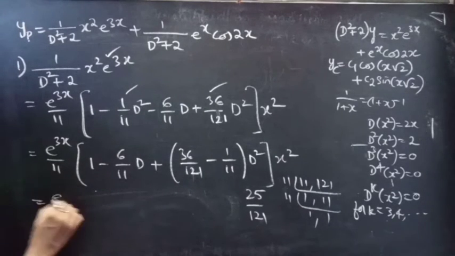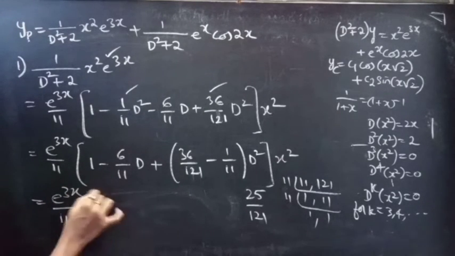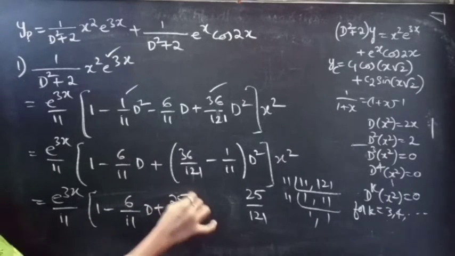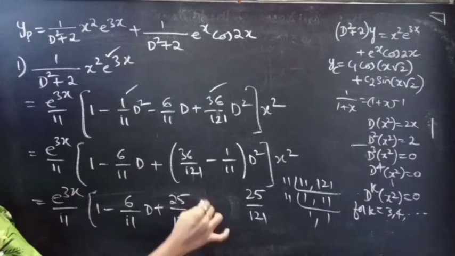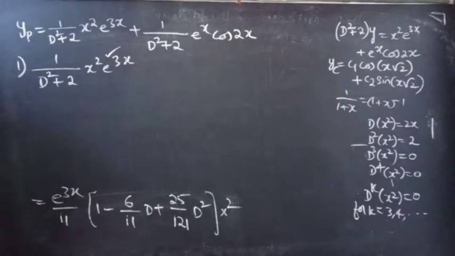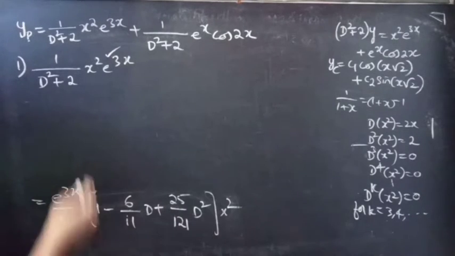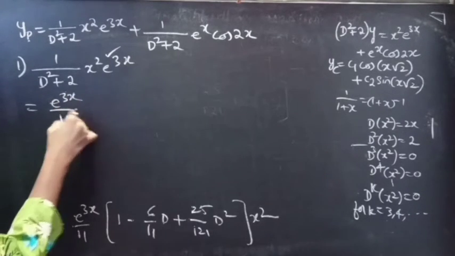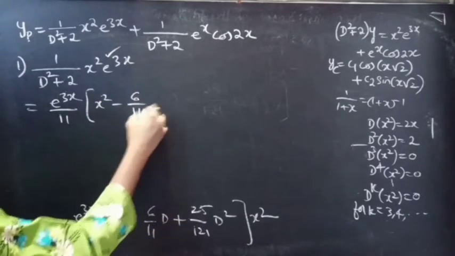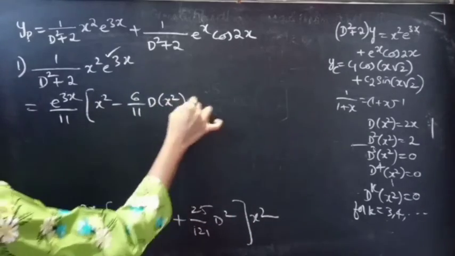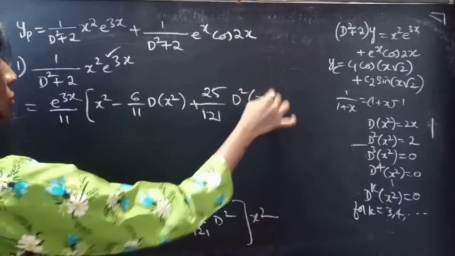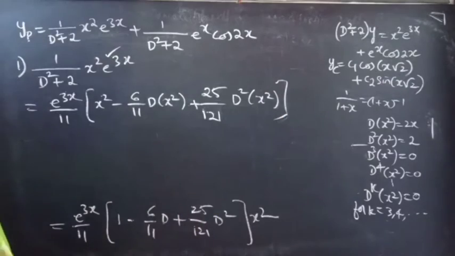This becomes e power 3x by 11 into 1 minus 6 by 11 d plus 25 by 121 d square into x square. This becomes e power 3x by 11 into 1 into x square is x square, minus 6 by 11 into derivative of x square, plus 25 by 121 into d square of x square. We have the values of derivatives of x square, right?